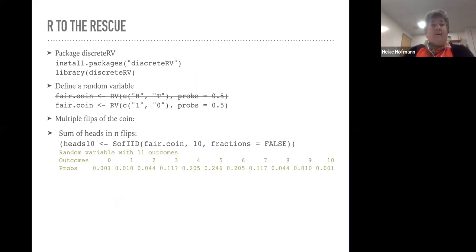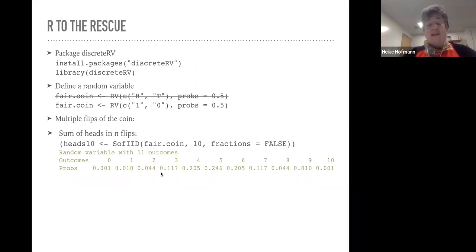Instead of flipping multiple coins, we can also look at a summary. So here we're looking at the sum of 10 fair coin flips. So that is a random variable that just counts the different potential outcomes from 0 to 10. So we've got 11 outcomes. And you can see here that is again listed with all of the potential probabilities.